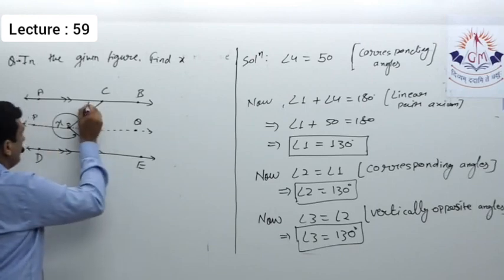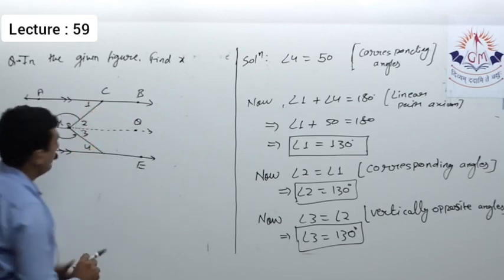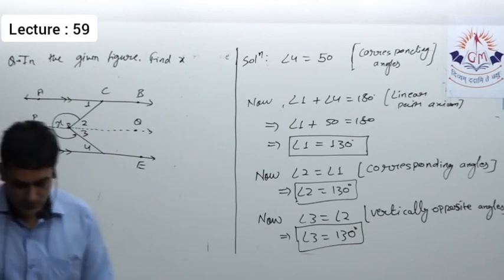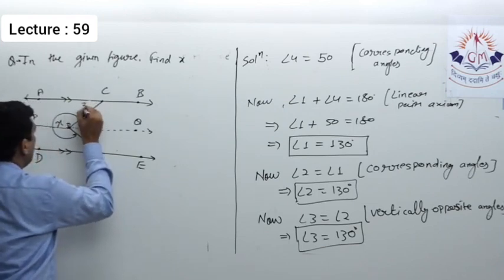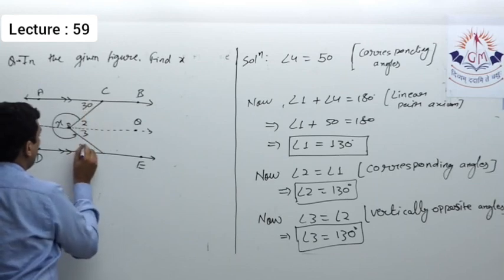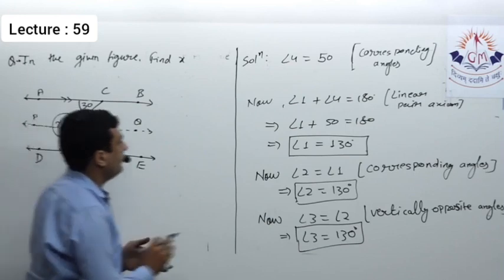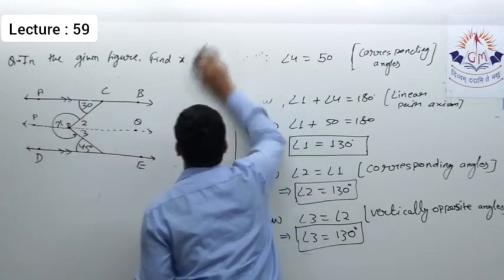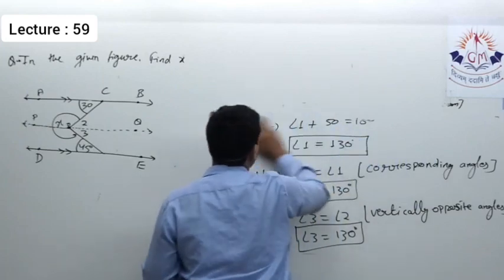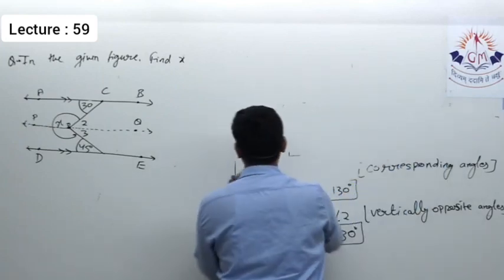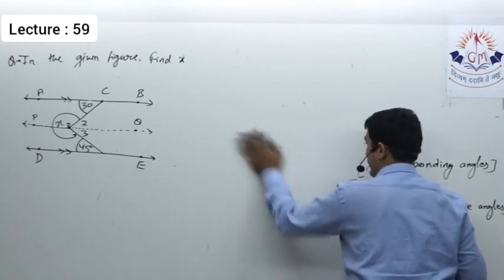Now let us say this is angle 1, this is angle 2, this is angle 3 and this is angle 4. Is there any other information? Yes, there are two more pieces of information: here it is given 30 degrees and here it is given 45 degrees. So the measure of these two angles is also given. Now you have to find the value of x. If you observe, angle x is a reflex angle. It is more than 180 degrees.